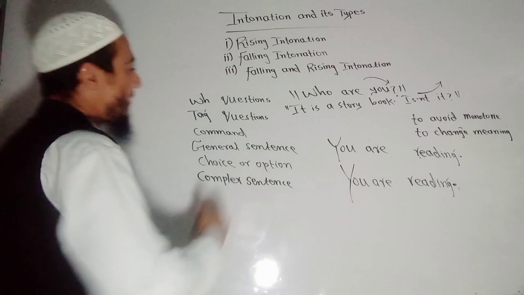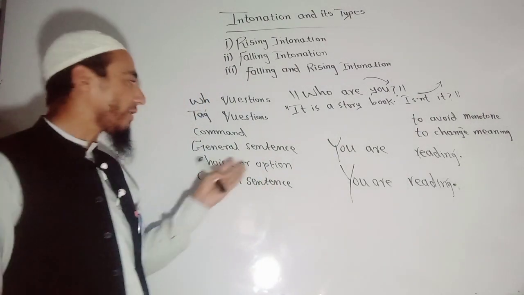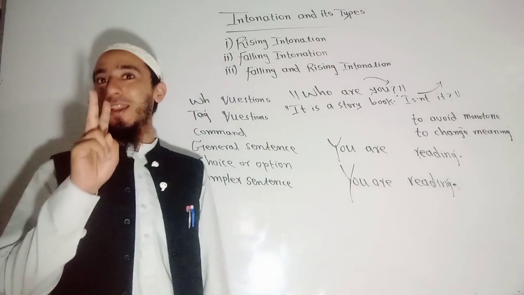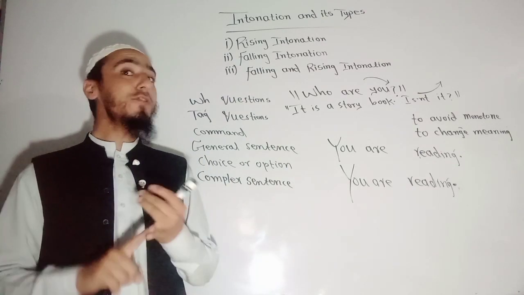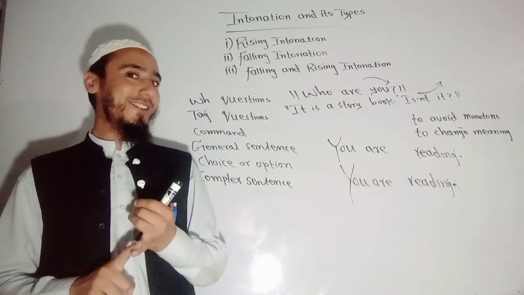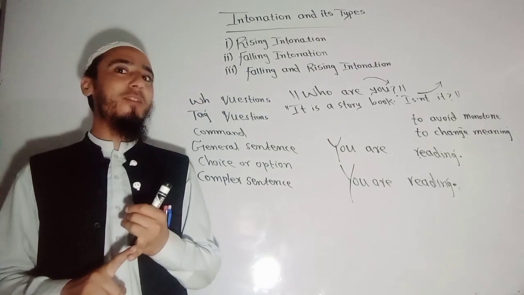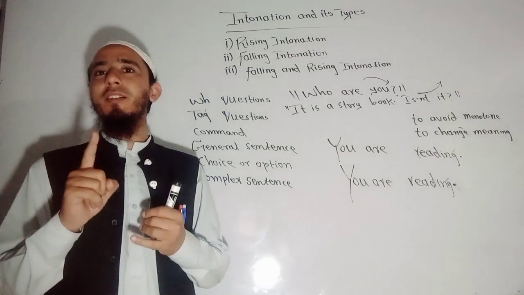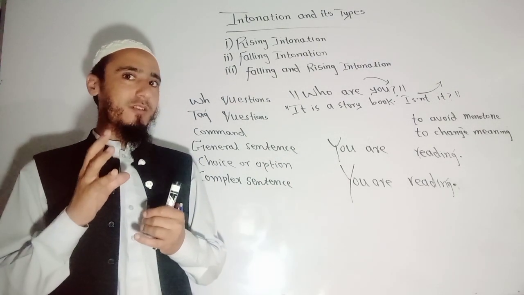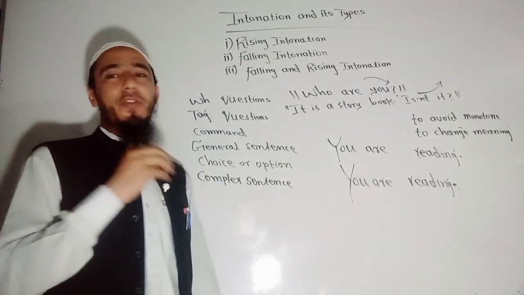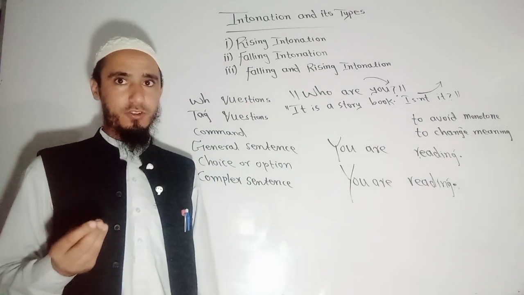And whenever we are talking about imperative sentences or commands, in imperative sentences we have two types of sentences. If you are talking about a sentence which gives a command, then there will be what type of intonation? There will be just falling intonation.